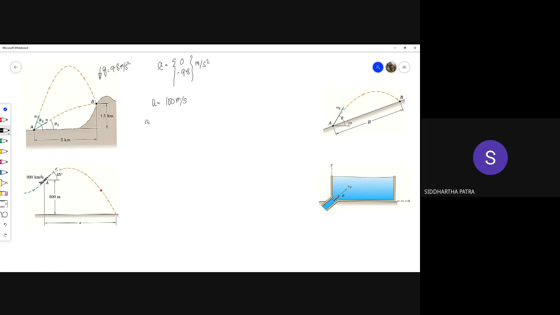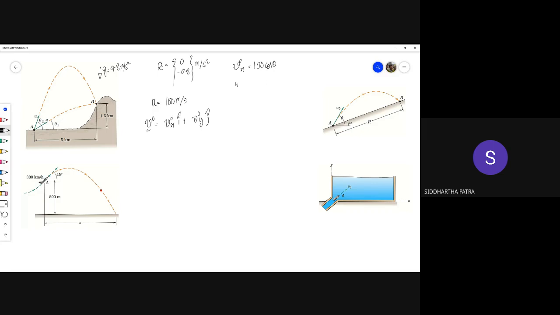So let's say this is the initial velocity v0, so that has v0x i plus v0y j. These are the components. And then this v0x would be your 100 cos theta, if theta is the angle that you assume.